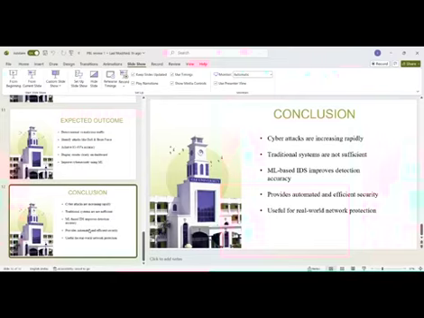Intrusion detection system. What is intrusion detection system? It checks all incoming and outgoing data. It is a security system that monitors networks or system activities to find suspicious or harmful actions.